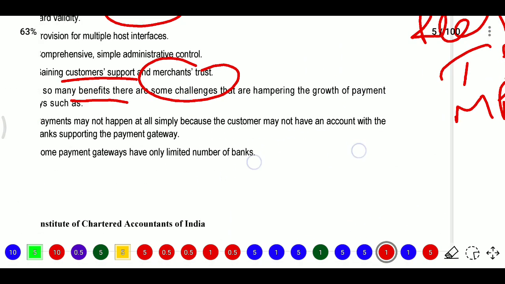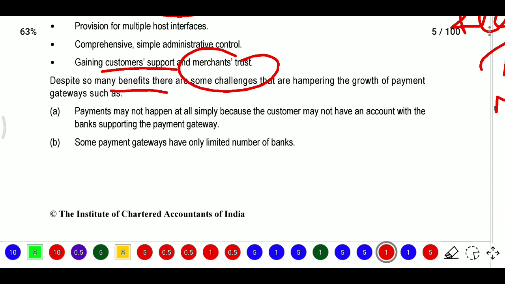Now, what are the disadvantages of these payment gateways? One is that payment may not happen at all simply because the customer may not have an account with a bank supporting the payment gateway. If you want to pay any amount with the payment gateway, you must have the bank account. Without having an account with that bank, you cannot pay the amount.